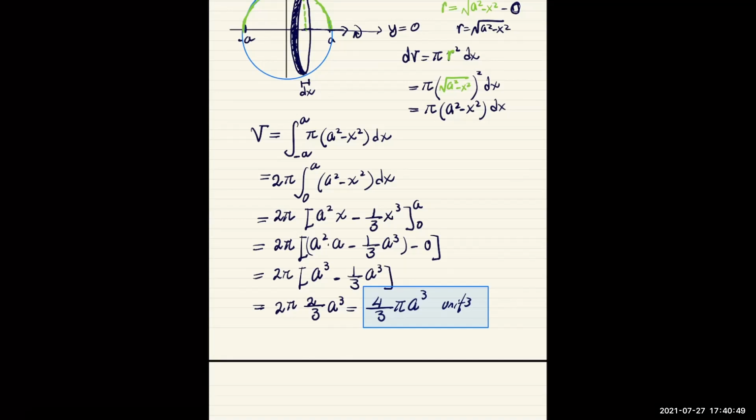Okay, let's do more. Yeah, so let's actually change the axes of revolution.